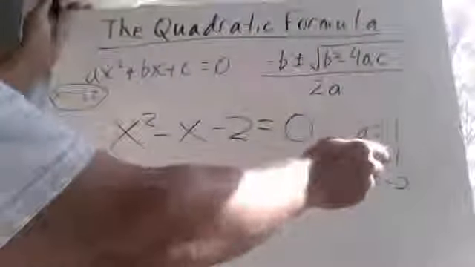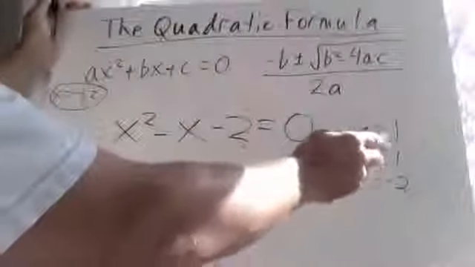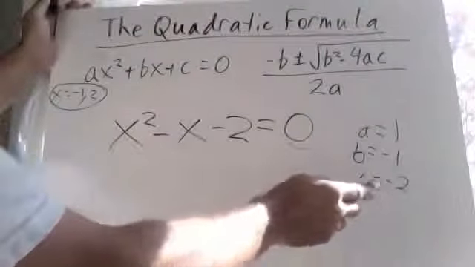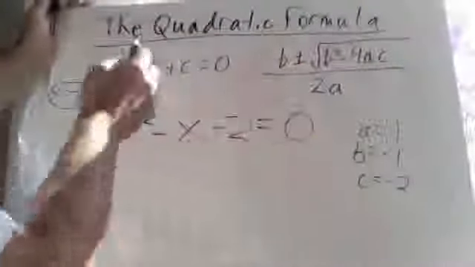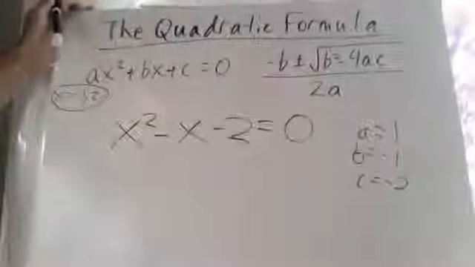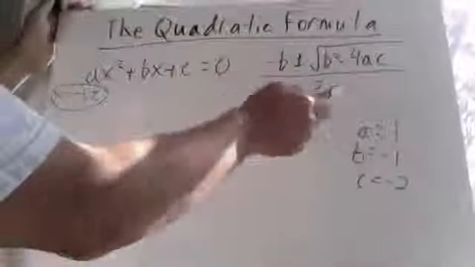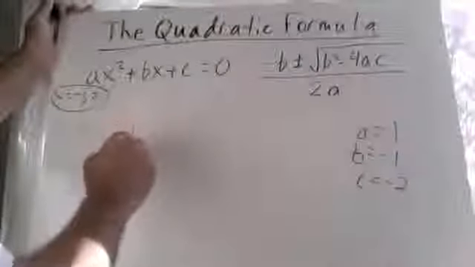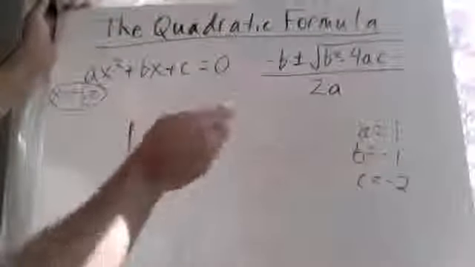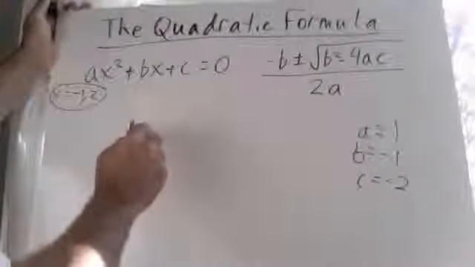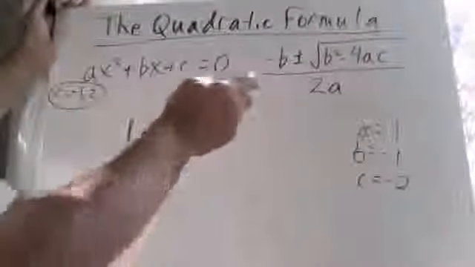So a is 1, b is negative 1, and c is negative 2. So plug these in here. The opposite of b, so that's going to be 1. First we'll do plus, and then we'll do minus.